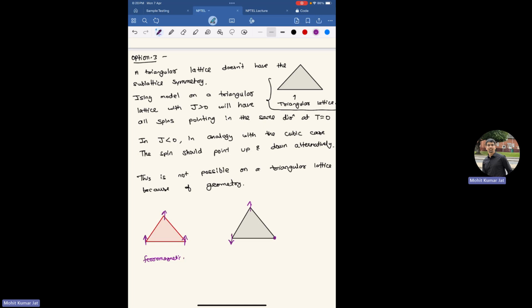Let me call these A, B, and C. Here, up and down are both possible. And this is called frustration.